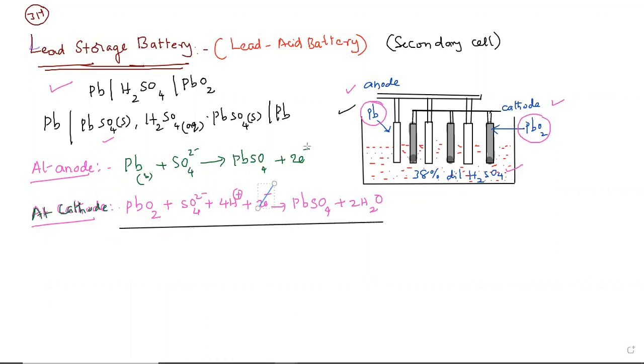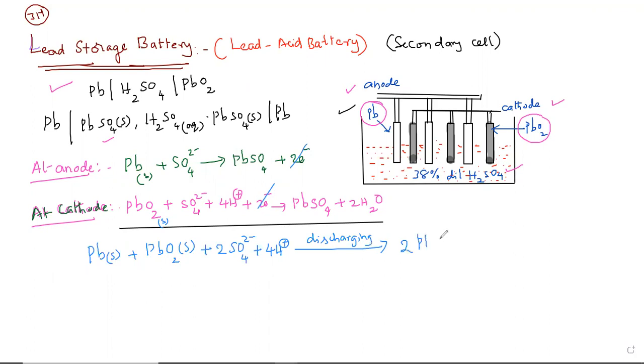In combination of these two equations, the electrons are cancelled, and we finally get the cell reaction during the discharging process: Pb in solid state plus PbO2 also in solid state, plus 2 moles of sulfate ions, 2SO4 2 minus, plus 4H plus ions, gives in the discharging process 2 moles of PbSO4 plus 2 moles of water.